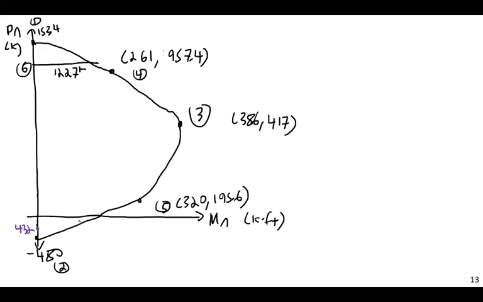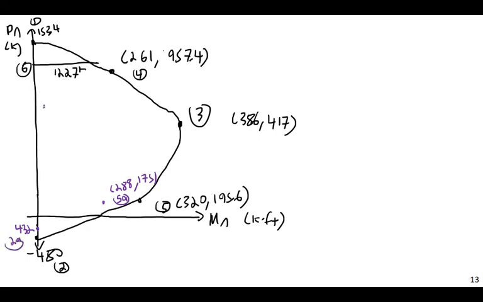If I find all these points, 5A would be 288, 175. That's 5A. 432 is 2A.